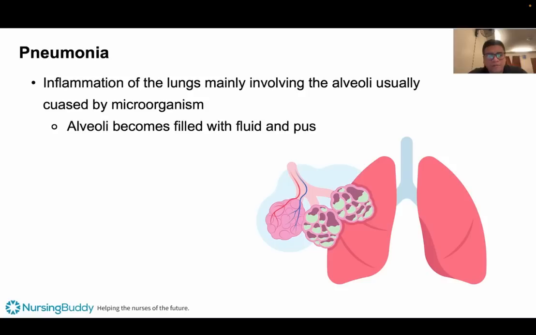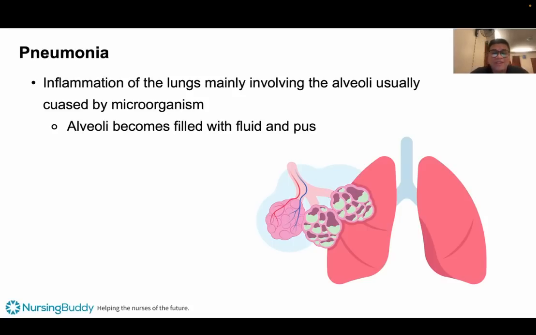Remember when we introduced this topic, we discussed that it is in your alveoli where the gas exchange occurs. So when the alveoli is damaged, there is no very good exchange of gases. The alveoli becomes filled with fluid and pus, and that's a big problem.